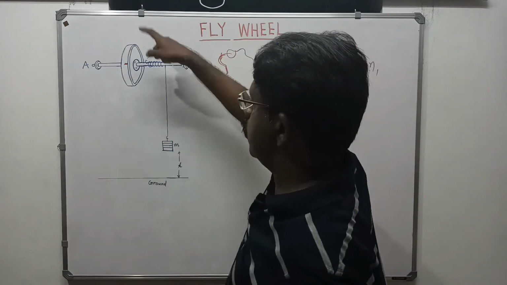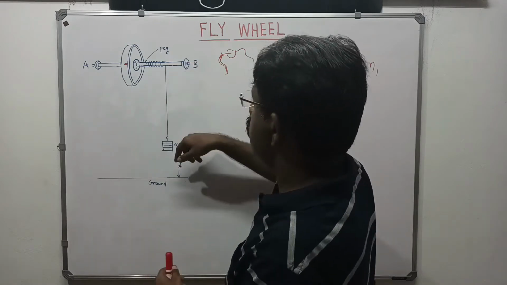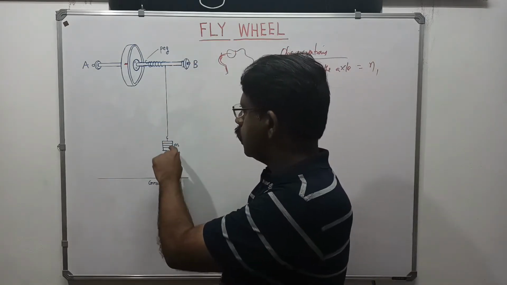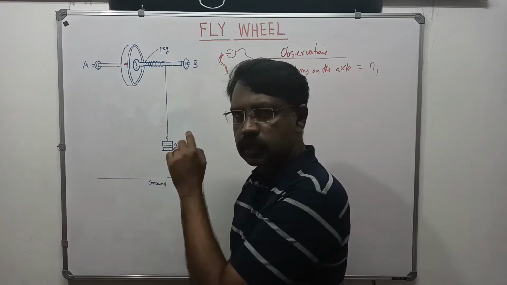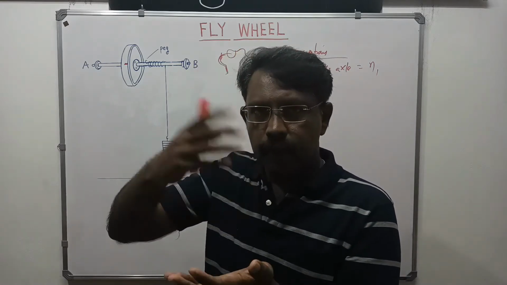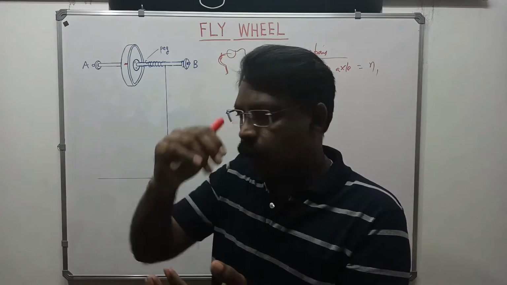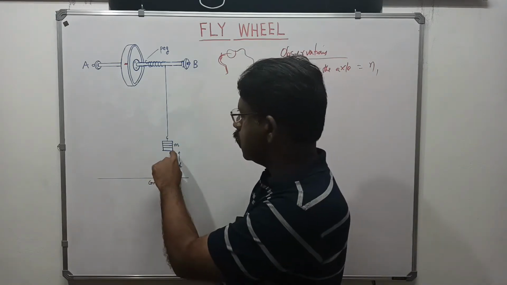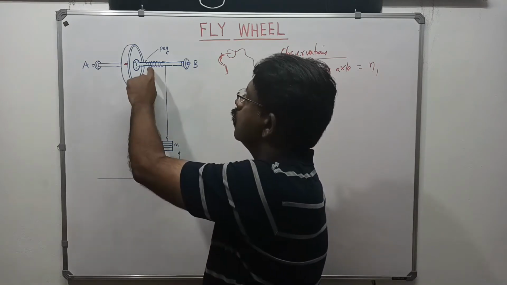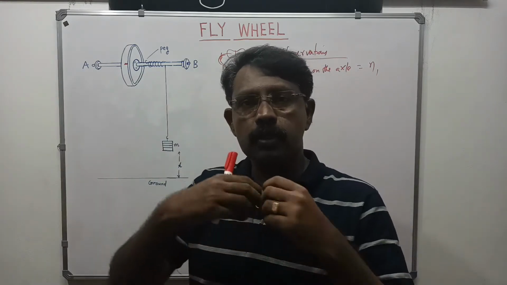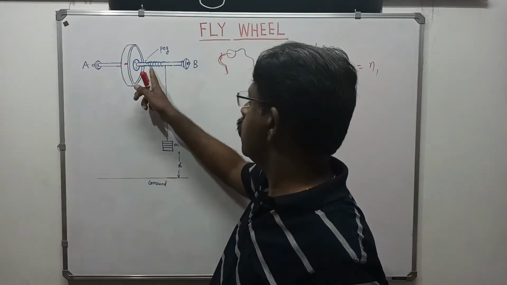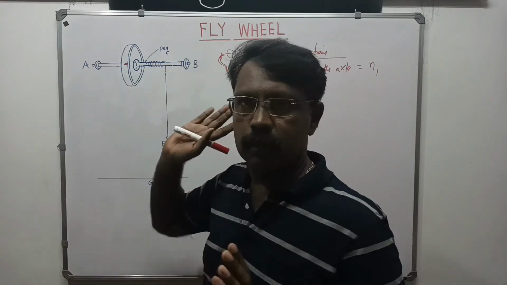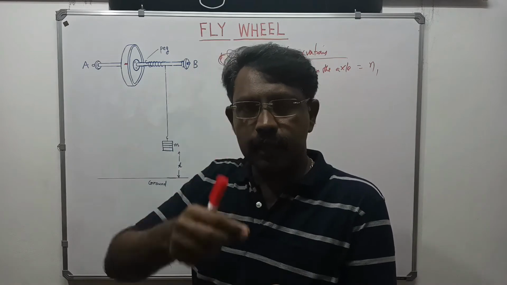The length of the cord is adjusted so that when the mass is released and touches the ground, at that moment the whole number of turns will be unwound. The string will fall off the peg. So that is how we adjust the length.